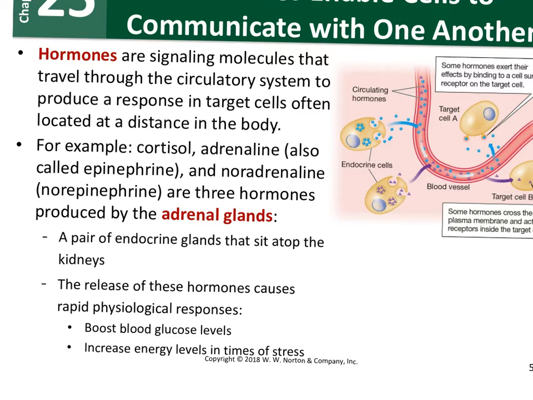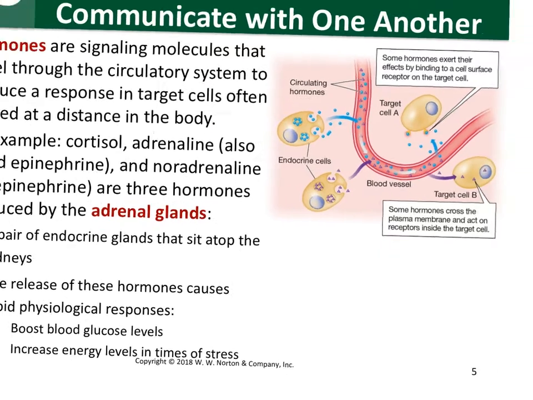So a pair of adrenal glands sit atop the kidneys. The release of these hormones causes rapid physiological responses, like a boost in blood glucose levels, increased energy in times of stress.